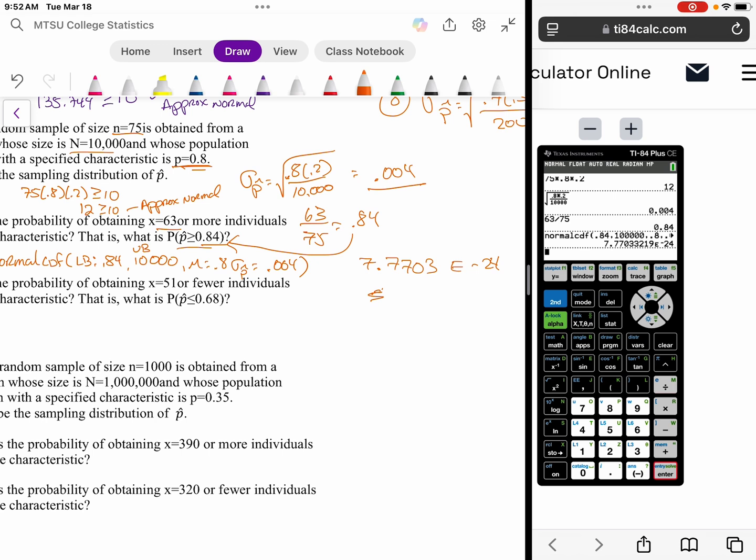So if it happens, it'd be pretty unusual for it to happen. Okay, based on that sampling distribution, to get a p-hat that is greater than 84% is not likely. It is super unusual.